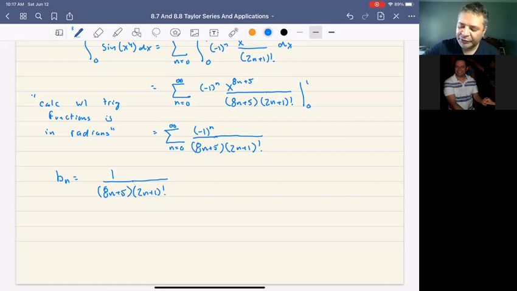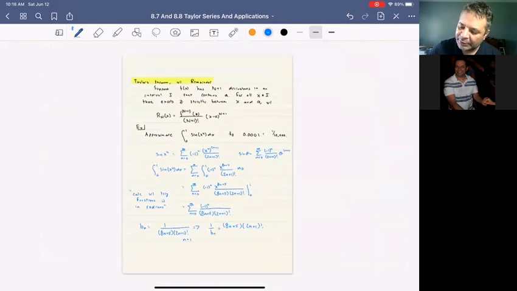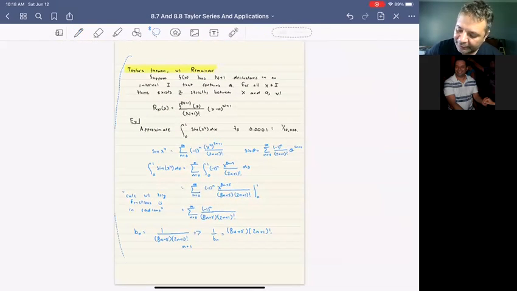Actually, let's do 1 over b sub n, it'll be easier to deal with: 8n plus 5 times 2n plus 1 factorial.